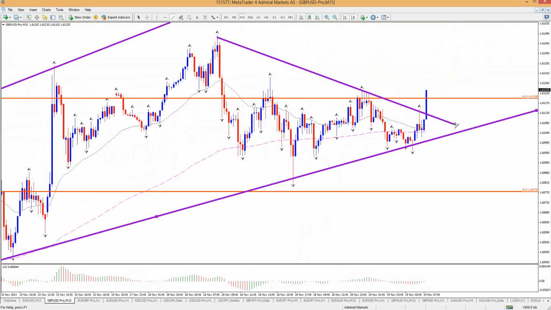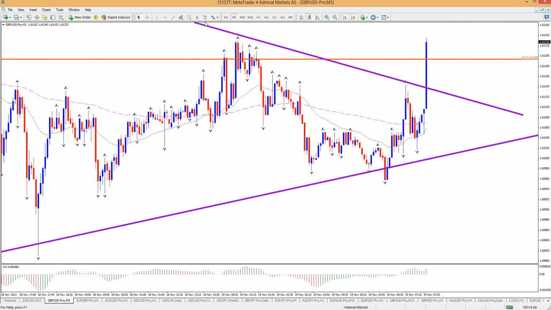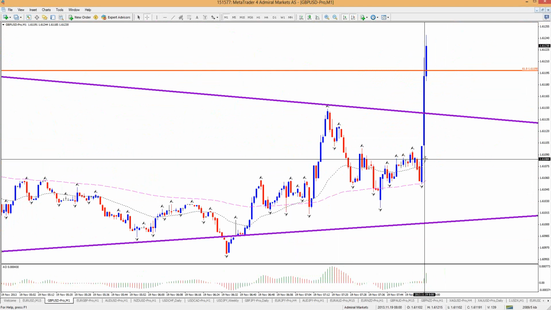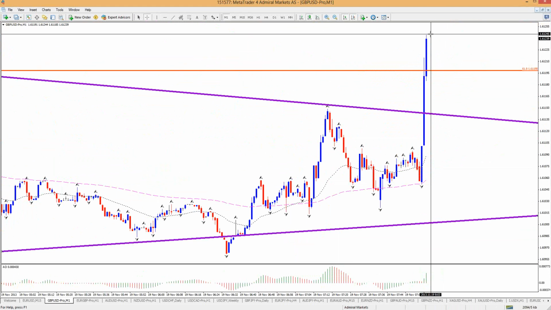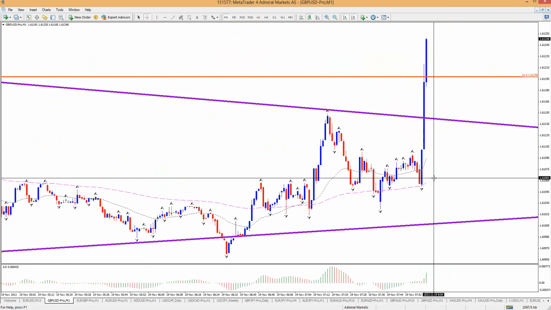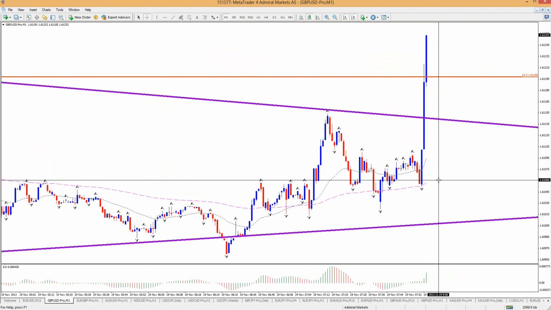Maybe we're getting a break as we speak, in fact. It was a very big open, in fact, of the London Open. A 120 pip rise within minutes. That's a pretty impressive start of the pound dollar, even before we were able to analyze it.